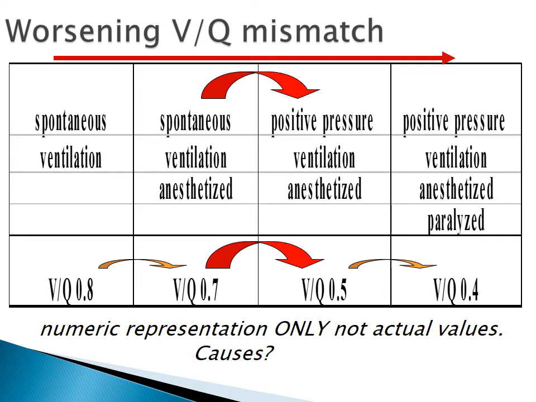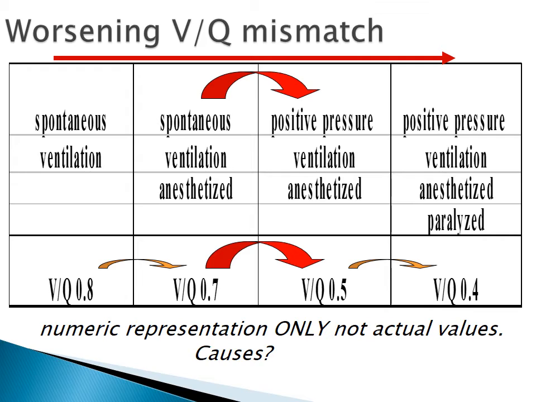We're helping push that air in. What happens to the VQ? 0.5. That's a dramatic decrease, right? Because we're simply giving them positive pressure. So instead of them initiating the breath, pulling the air in, we're shoving it into them, okay?